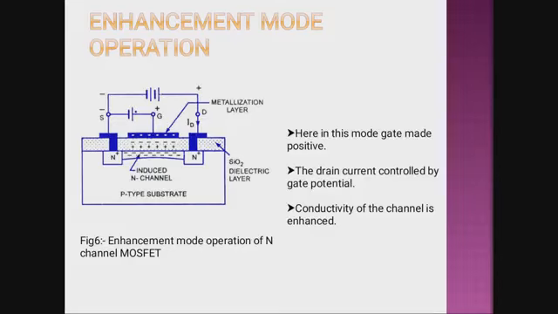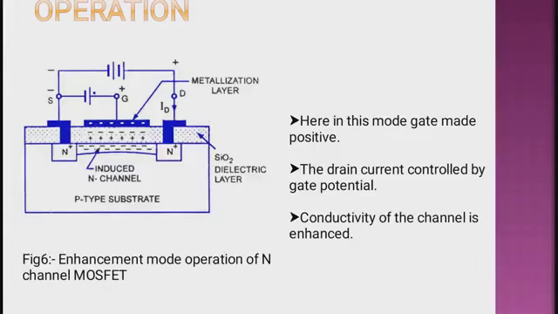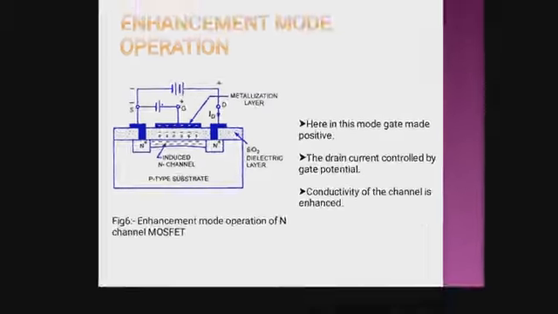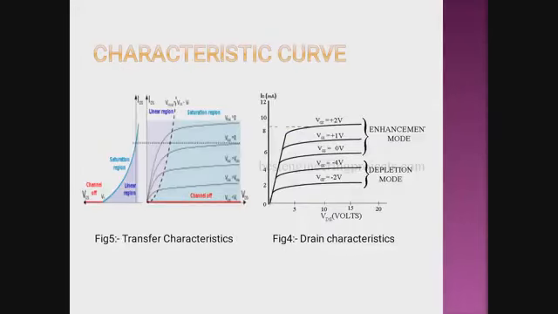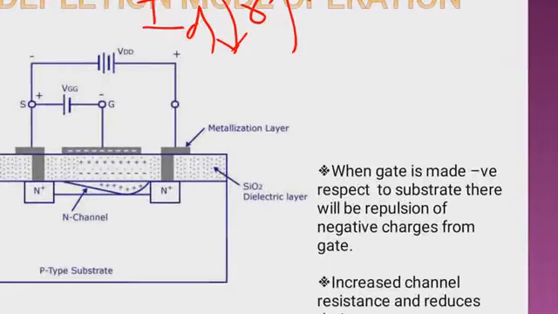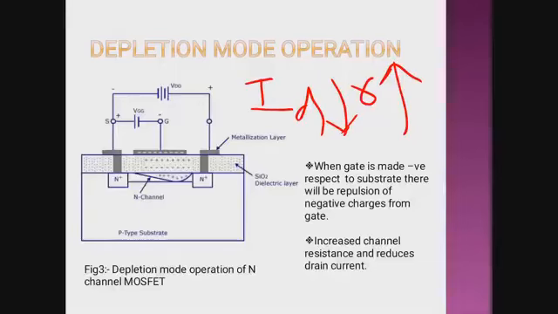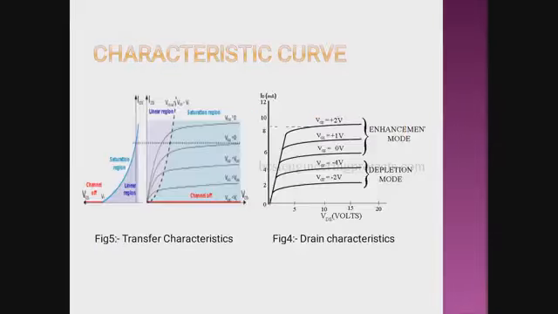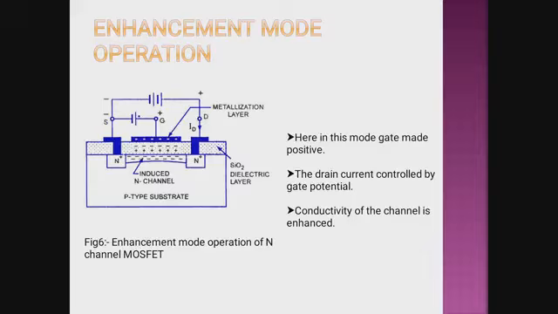From this diagram we can see that in enhancement mode the gate terminal is made positive, but in depletion mode we have seen the gate terminal made negative. That means the external potential applied to the gate terminal is negative. But in enhancement mode the gate terminal is positive.